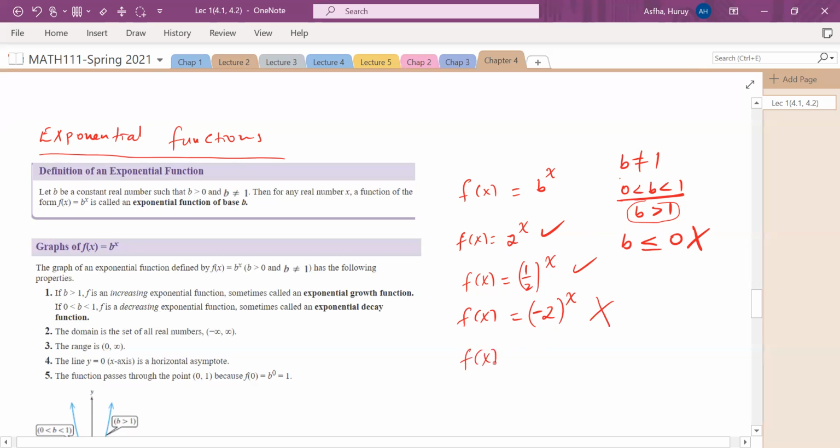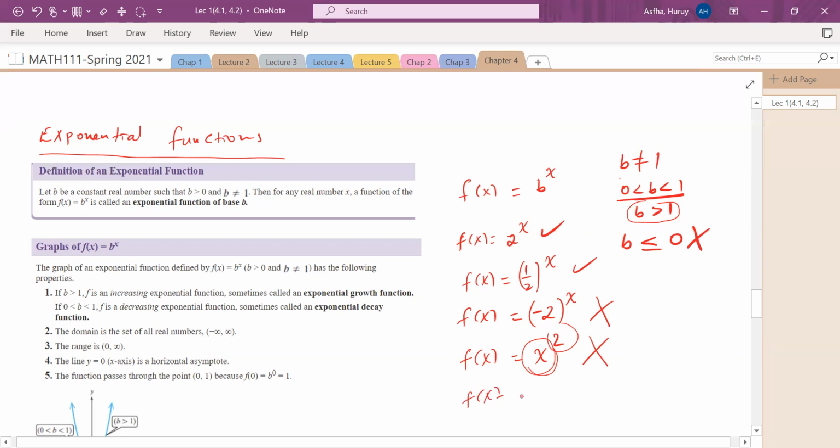F of x equals x squared. Again, this is not an exponential function. This is a polynomial function. The reason why this is not an exponential function is because this is not a constant. This is a variable. This is the constant. Okay, they are interchanged. So this is a polynomial function, not an exponential function.